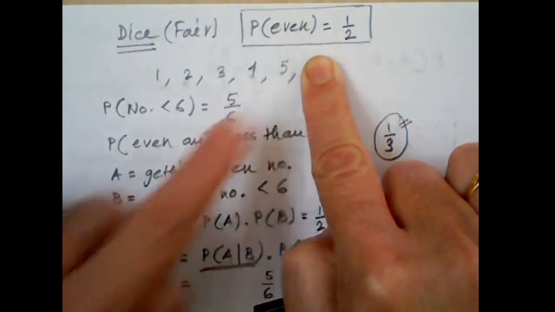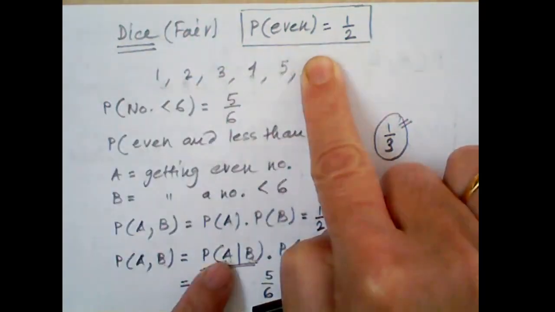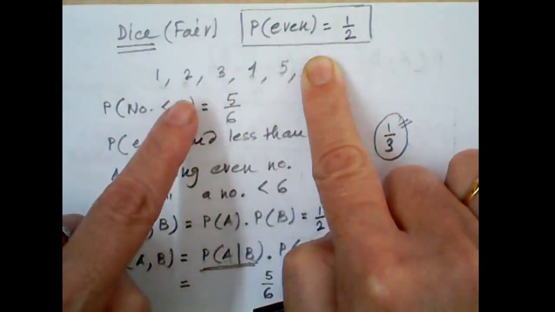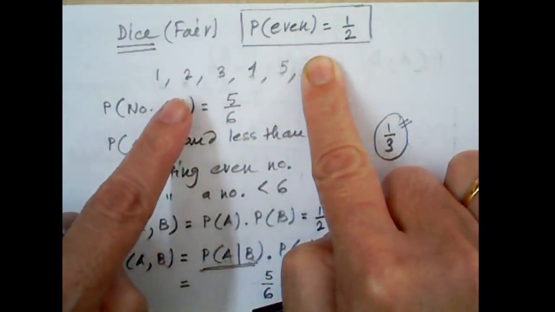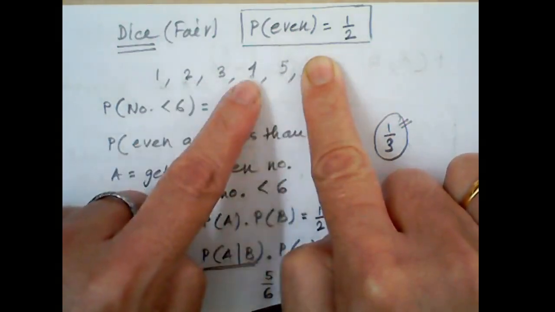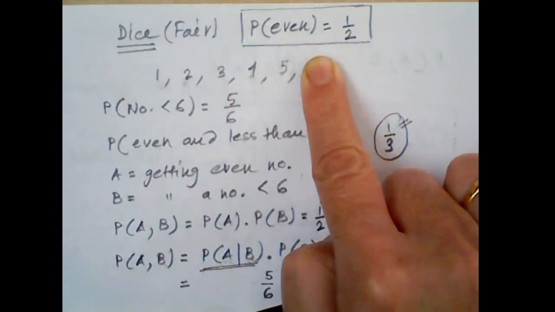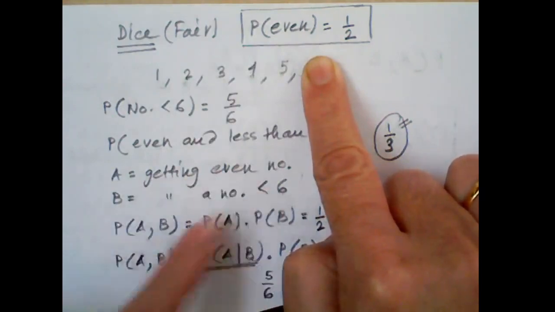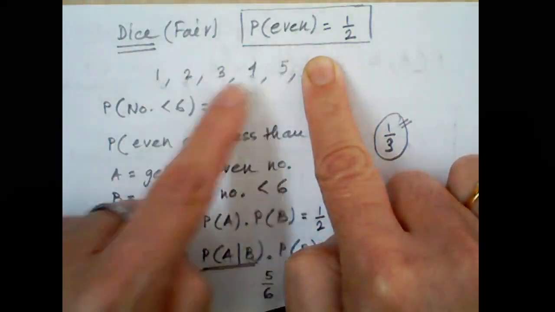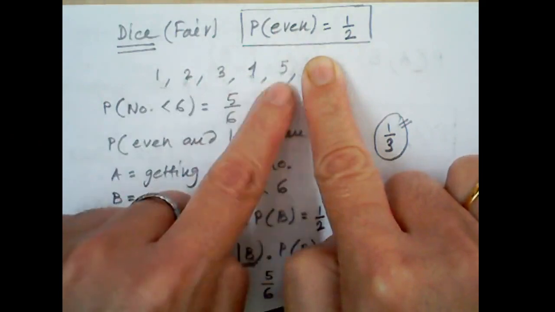Now that the number is less than 6, what is the probability of getting A, that is getting an even number? Now you can see clearly the two even numbers in these 5 numbers are only 2 and 4. So therefore, the probability of A given B, meaning getting an even number given that the number is less than 6, is 2 out of 5.